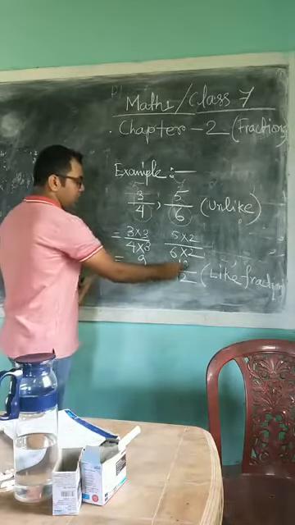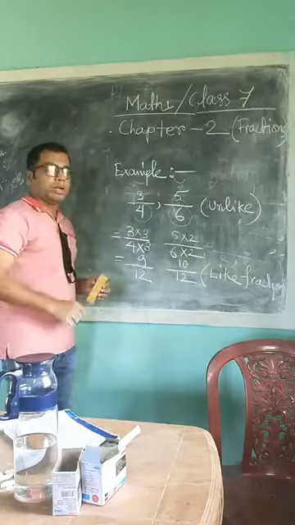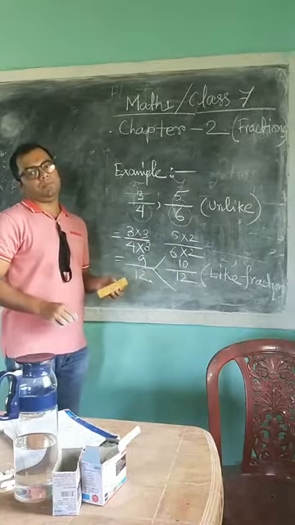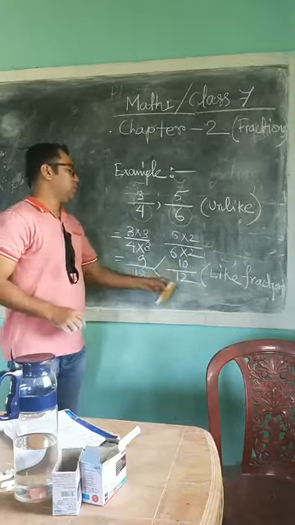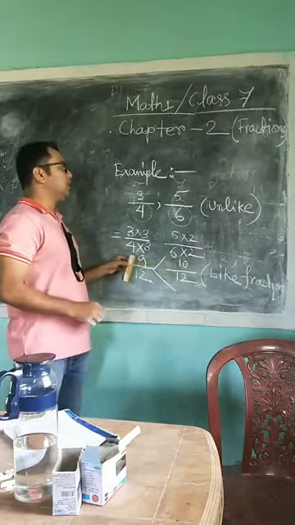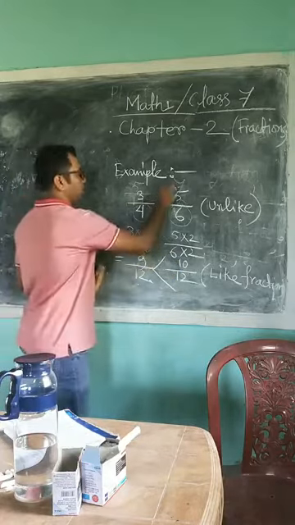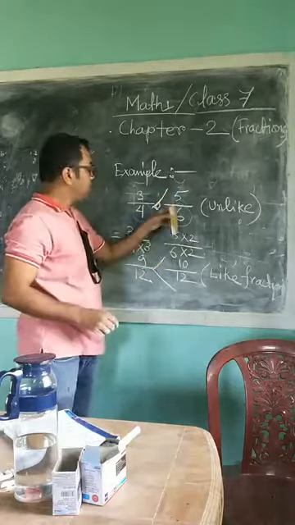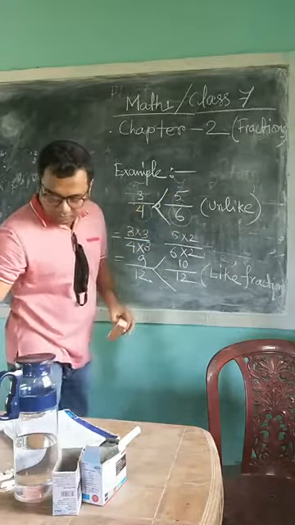As you can see, this one has the greater numerator, so this fraction is greater than this fraction because 10 is greater than 9.